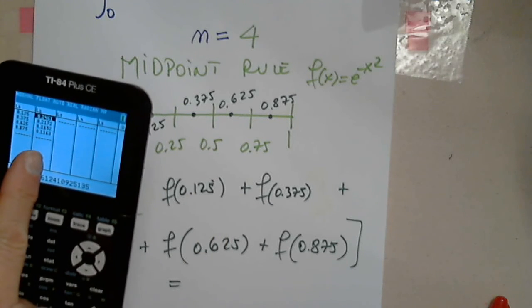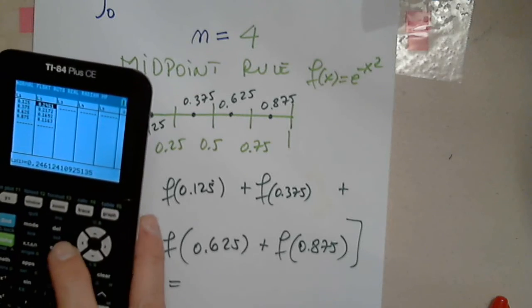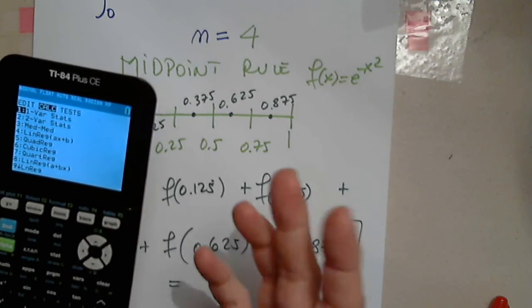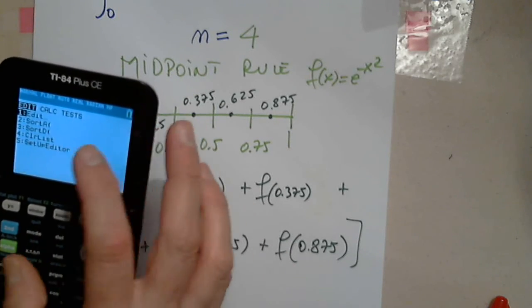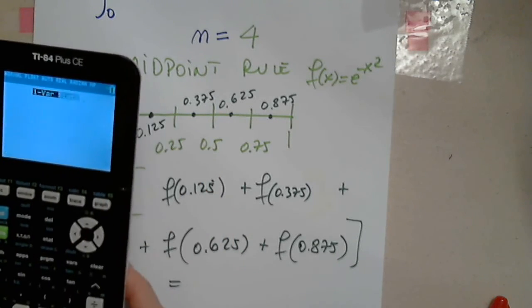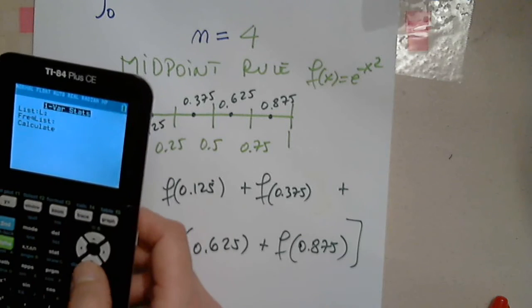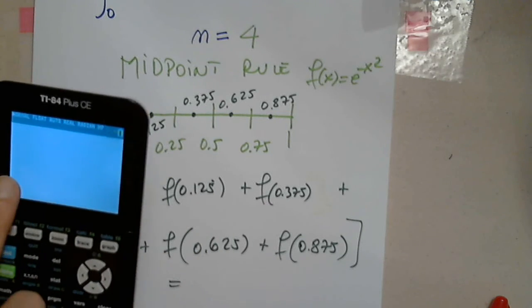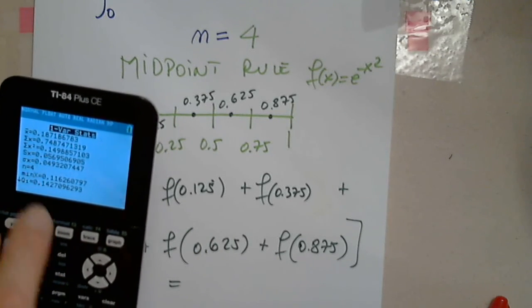And now I just want to create the sum of these numbers, and I have an option. There are other options. We go to stats and calculations, and we want list L2, and I just need the sum.